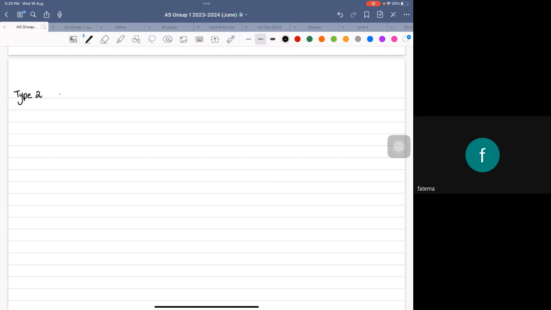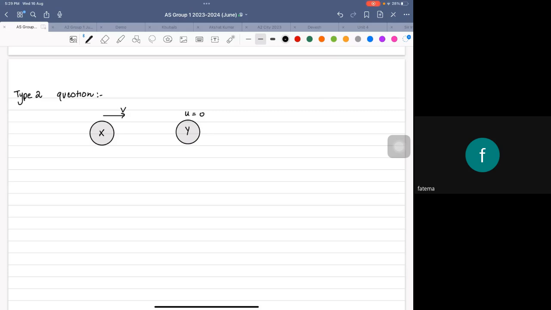So type 2 question basically comes along when suppose you have x and you have a speed here which is v, and the other one is y, and the speed here is 0, so it's at rest.